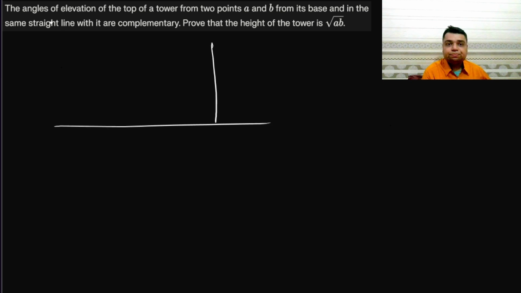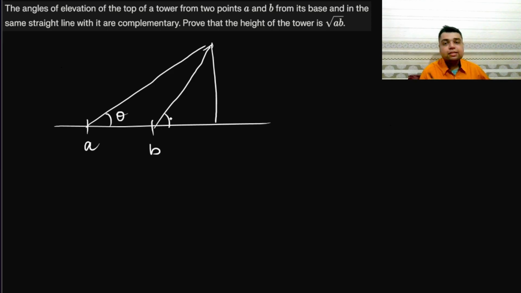There is angle of elevation from 2 points. This is A, this is B, are complementary. If this is alpha or theta, let's say, complementary means the sum is 90. So this will be 90 minus theta. Okay, this is H.